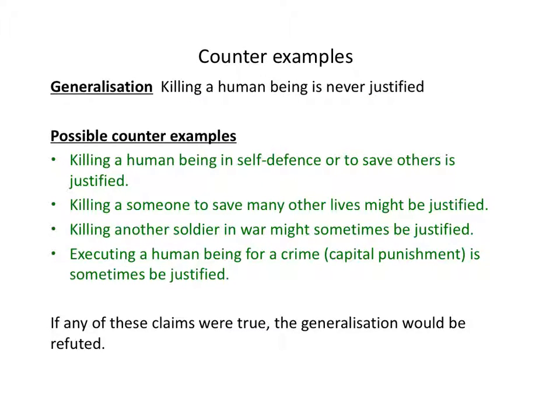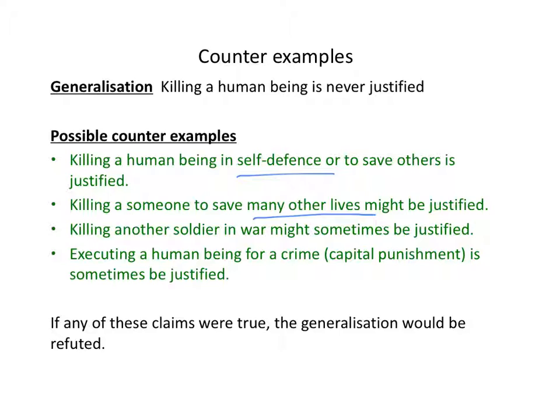Well, here are some possibilities that you might have thought of. Killing a human being in self-defense might sometimes be justified. Perhaps killing someone to save lots of other people might be justified. Killing another soldier in war. We don't usually think that soldiers who, in the normal course of a war, kill other soldiers have done anything morally wrong.